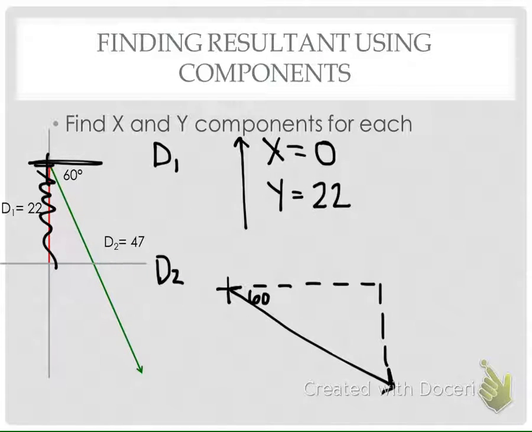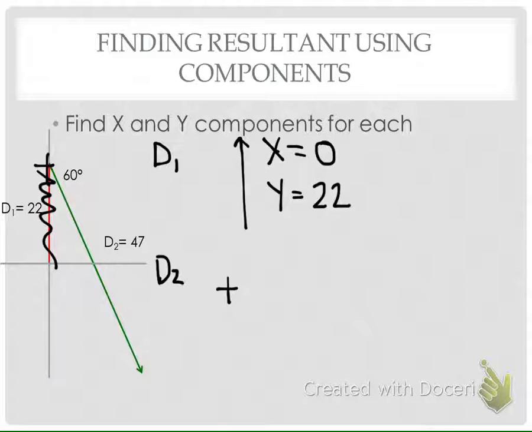That's what our second vector looks like. Does that make sense? I can draw it a little bit prettier too. We're going to draw all of our vectors separately. So here's 60 degrees, and our hypotenuse here is 47.